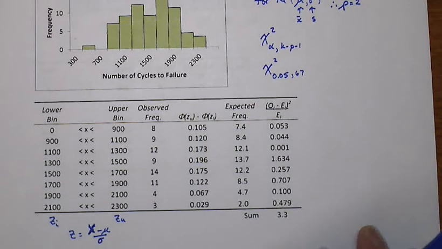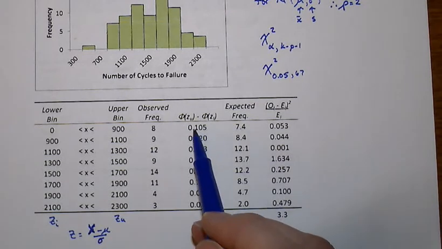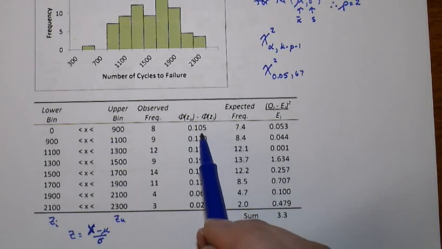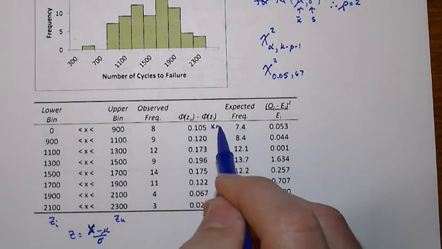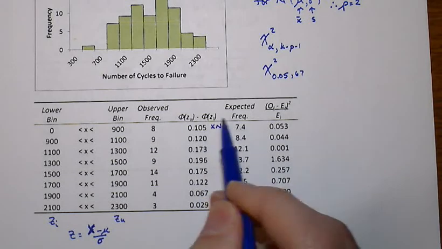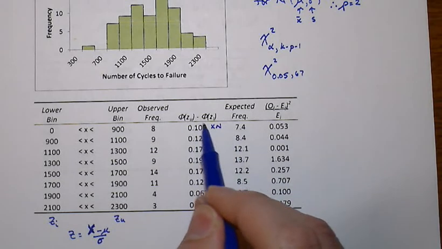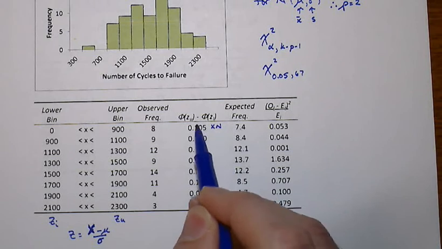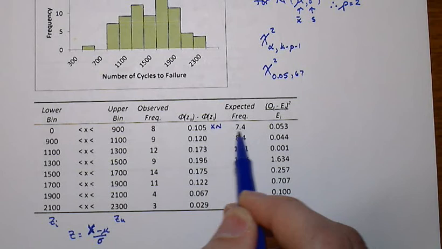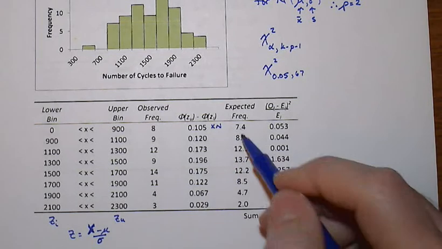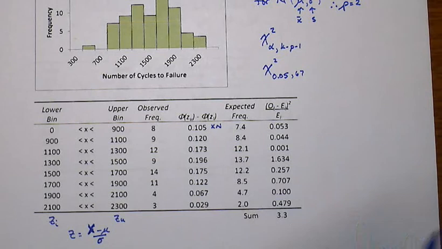So that gives us this area, this frequency, this proportion, relative frequency in that bin, and then you're just multiplying this by your total number in your sample. So that's a fraction of the sample, really like a population kind of fraction, times n. That would be 70 in this case, and that gives you the 7.4. So that's how we get these expected frequencies for that particular bin.